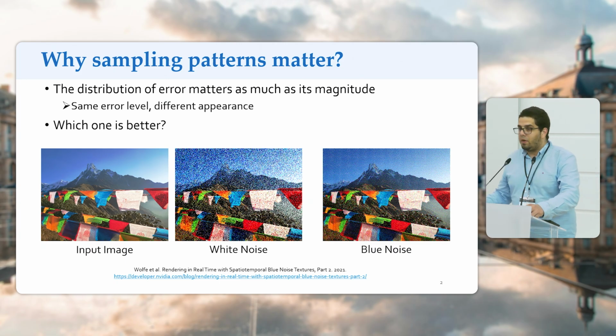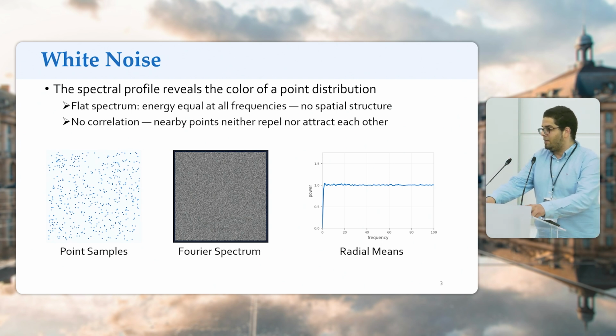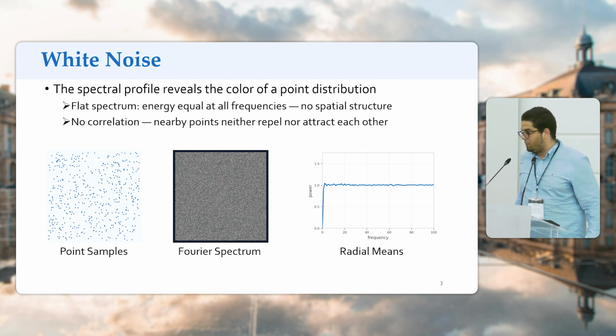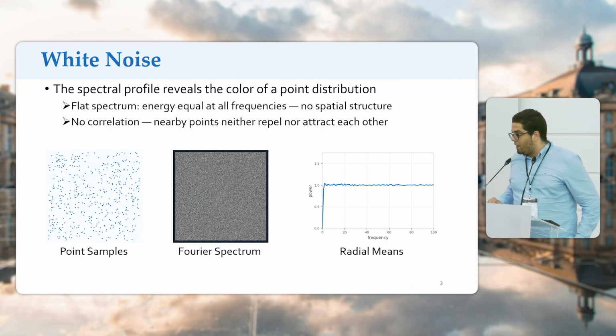Let's see in a bit more detail how this color noise works. To analyze them, we can analyze the Fourier spectrum, the power spectrum. In the case of white noise, there is no special structure, and you have a flat spectrum.